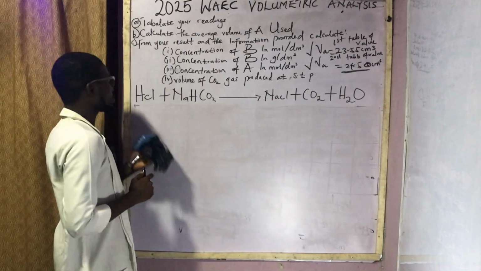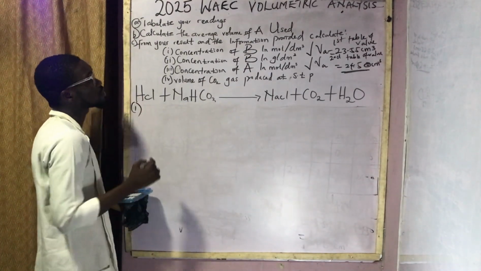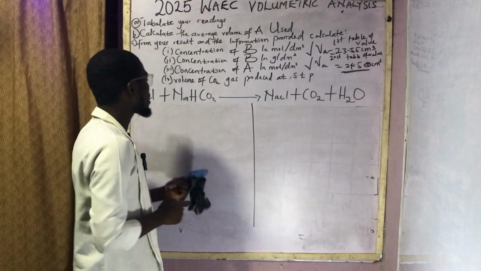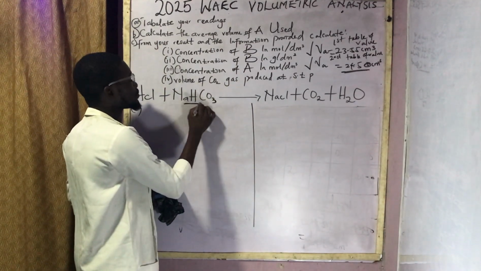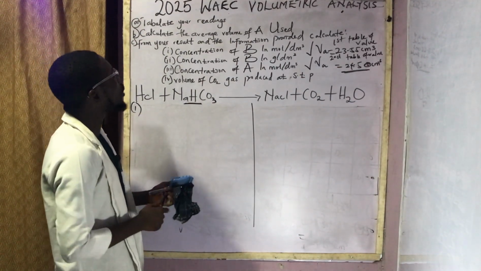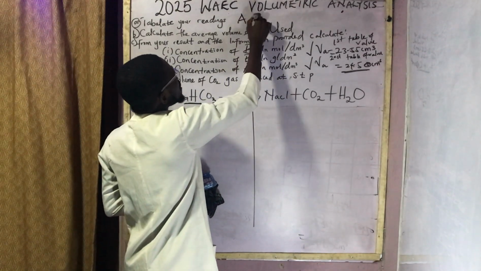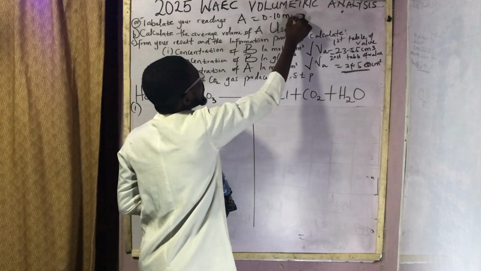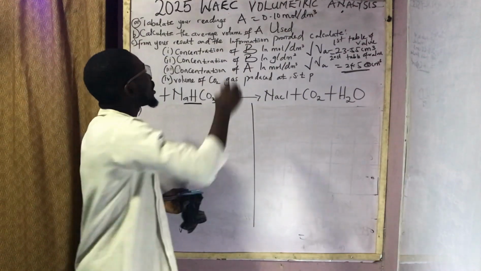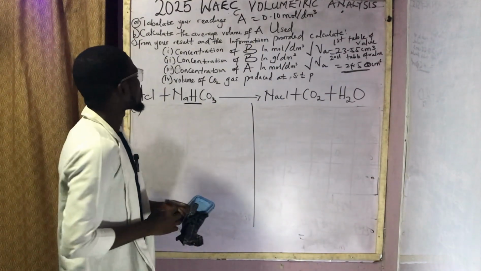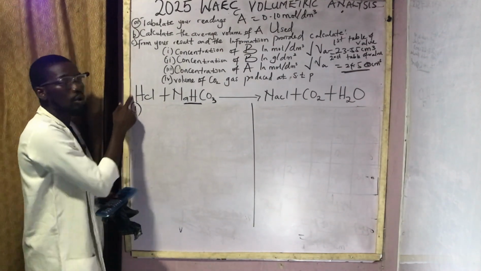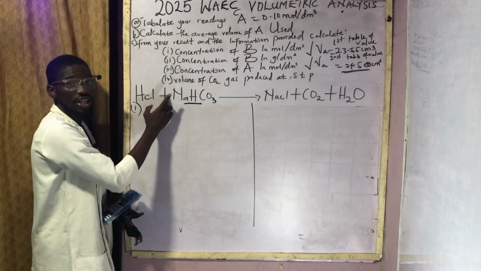So the first one is the concentration of B in mole per dm cube. Don't forget, this is our B. If you observe vividly, we are given the value of A as 0.10 mole per dm cube, but we are not given the concentration of B. For us to calculate this, the number of mole here is 1, and here is 1.